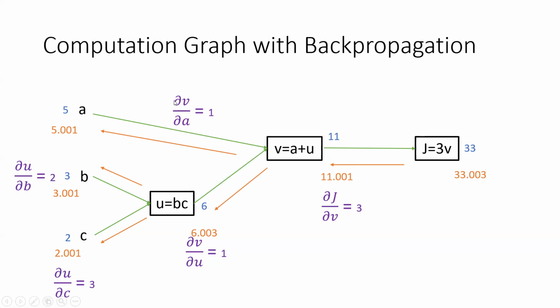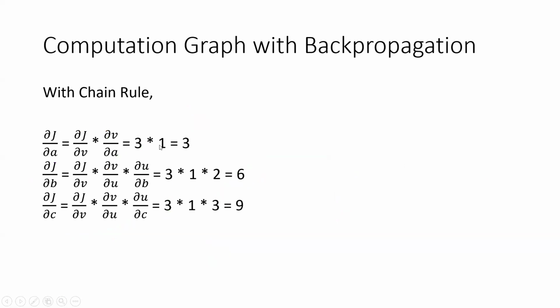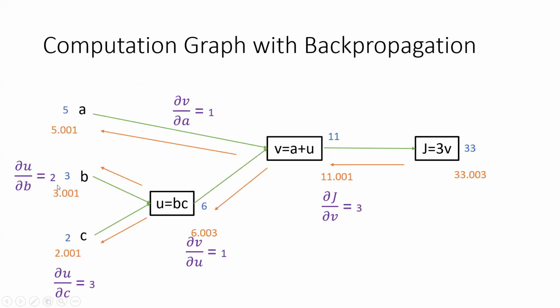Which is this times this one, which is 3 times 1, 3. ∂J/∂v times ∂v/∂a, which is 3 times 1, 3.